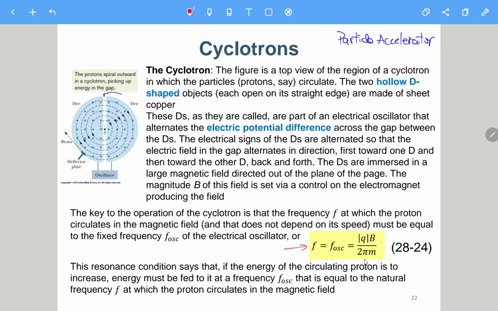And if you still remember, just last hour, we know the period is 2 pi m over qB, which is the reciprocal of this oscillating frequency, because fT should be 1, f is 1 over T. So actually, we need to alternate the E field direction with this frequency to make the cyclotron operate properly.